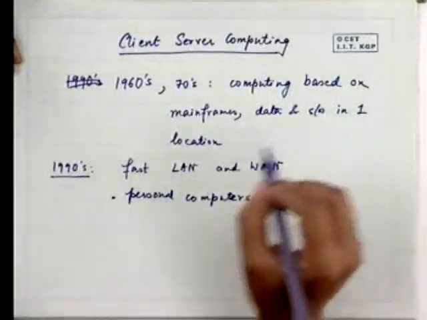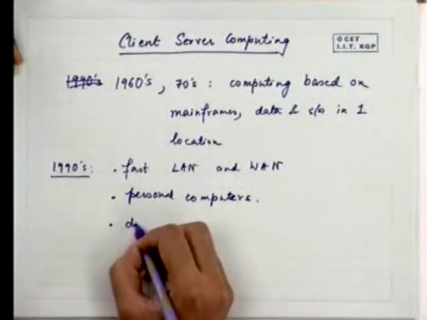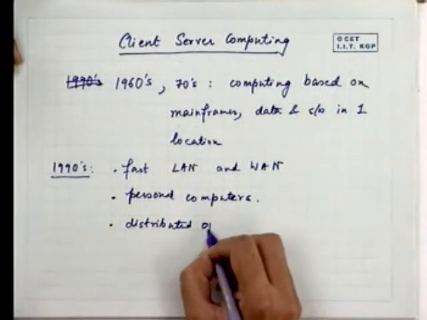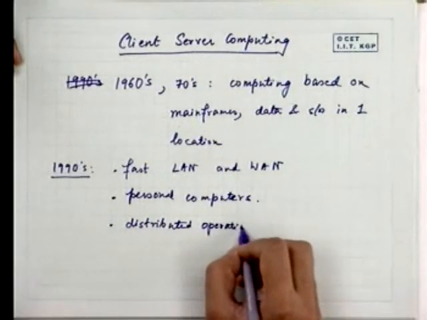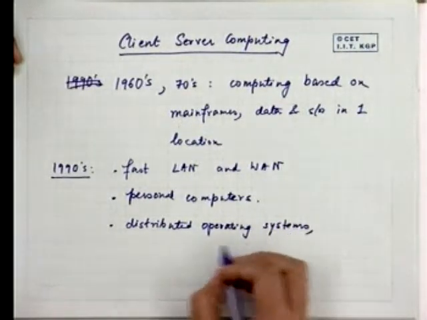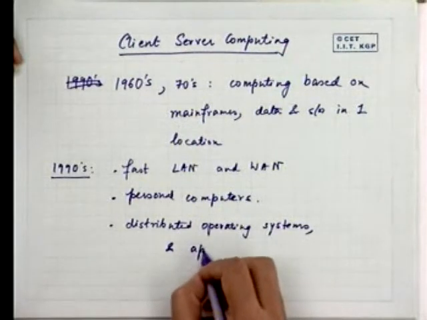And this means that computing in the 1990s has been built on the following components: personal computers, fast networks, distributed operating systems, and also distributed application software.